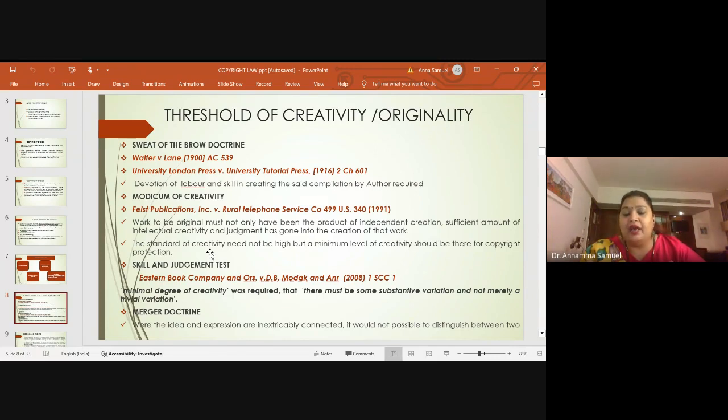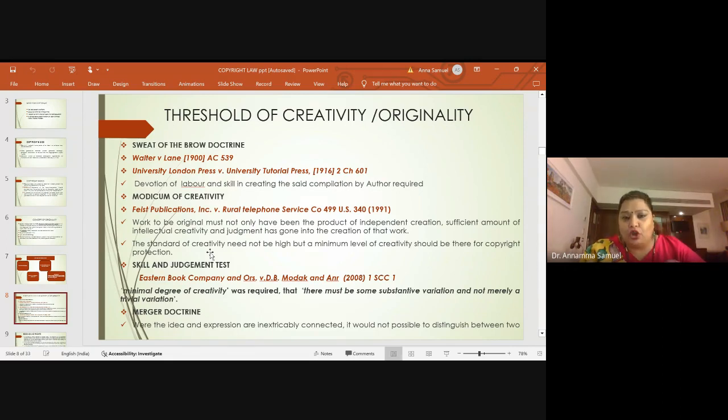Now in India, we are in between. I would say that in Indian courts, we decide the cases based on whether the work has skill, judgment and the effort put forward by the author, along with the minimal creativity which has been put in. In such cases we call it a creative work.